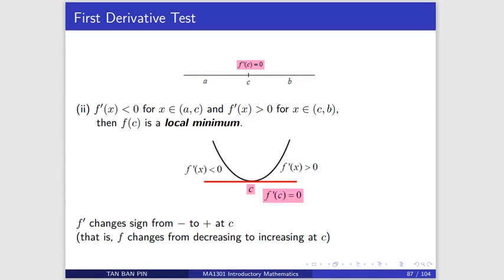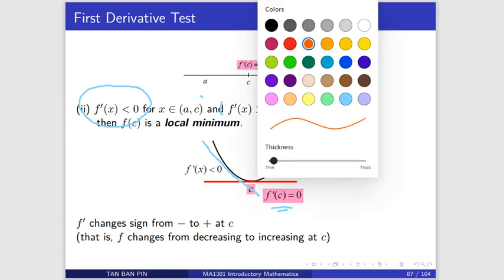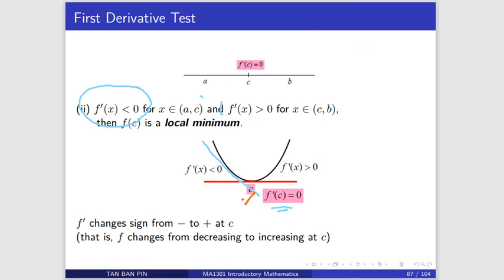Let's look at the other case. At c, f prime c is 0. Before c, f prime is negative. If the gradient is negative, you draw a tangent line, it must be something this way. Then after c, if you draw the tangent line, the gradient is positive. So with that you get a local minimum.